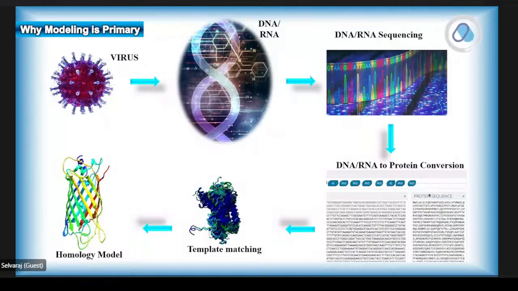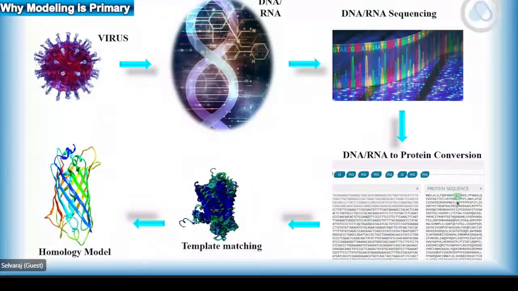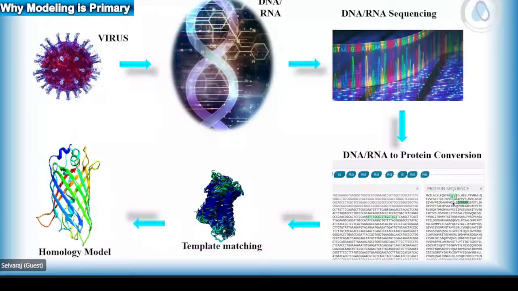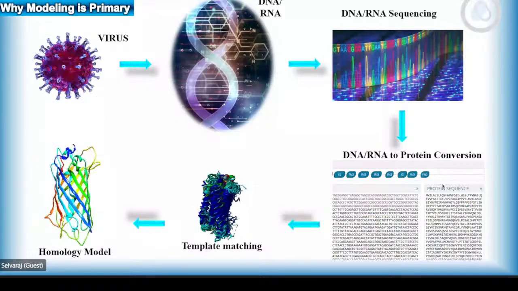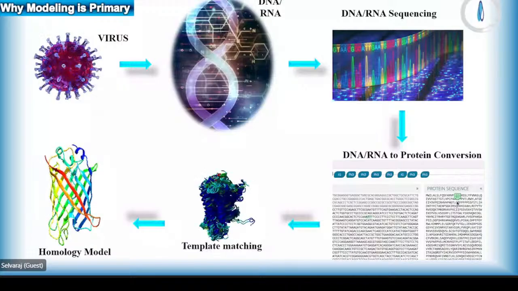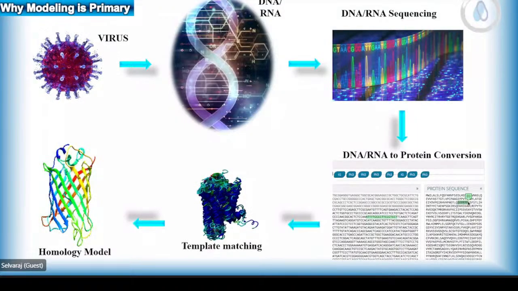Some experimentalists have crystallized them or determined NMR structures. Different techniques are implemented to find the realistic structure, so that if we get the realistic structure, we can get more reliable molecules that can bind to the particular proteins, so that the protein will get inhibited and the disease can be inhibited.